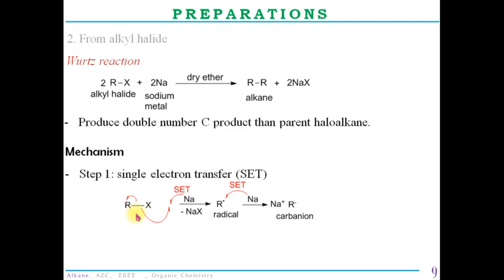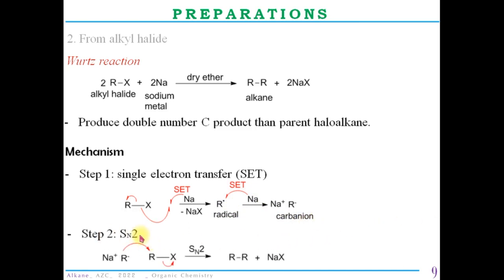There is homolytic cleavage of the alkyl halide bond, where one bonding electron is taken by the halogen and it reacts with sodium, which gives sodium halide. Now this alkyl group takes its bonding electron and converts into a radical. This radical will react with sodium metal and it gives carbanion.